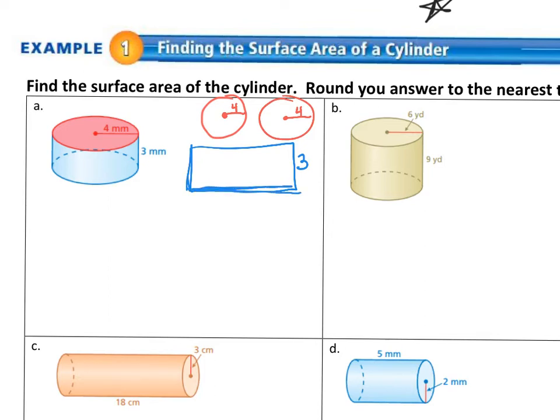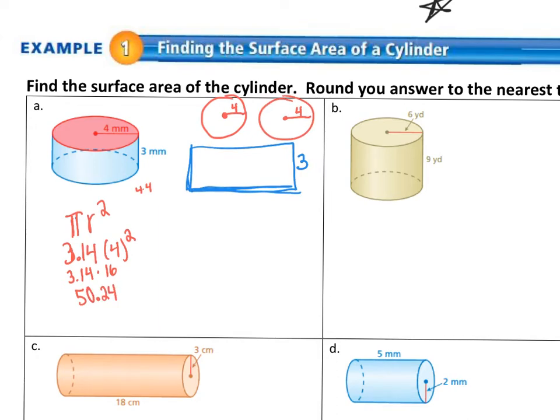Before we do that, let's find the area of the circles. So we have pi times radius squared. Pi, we're going to use 3.14. The radius is 4 squared. Remember, 4 squared is not 4 times 2, it's really 4 times 4. So 3.14 times 16 is going to get us an area of 50.24.